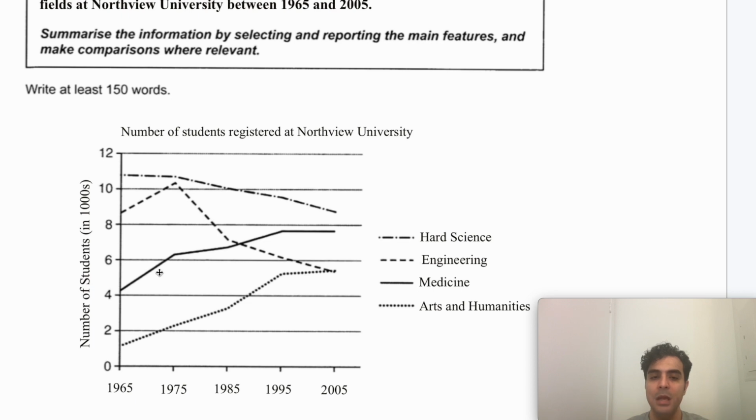On the other hand, the number of students enrolled in medicine and also in arts and humanities has increased. So one way I can solve this problem is by writing 1 paragraph for hard science and engineering and writing a separate paragraph for medicine, arts, and humanities.